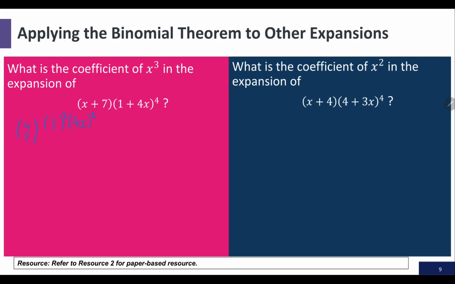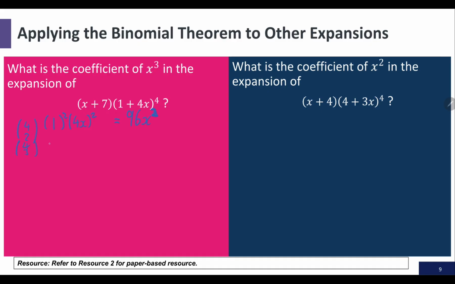I'm going to work out what that is. So that's going to be 4 choose 2 is 6 multiplied by 1, which is still 6, multiplied by 16, which I think is 96. Squared there, sorry.